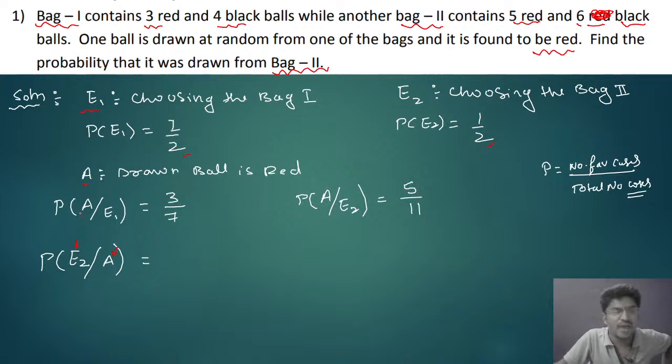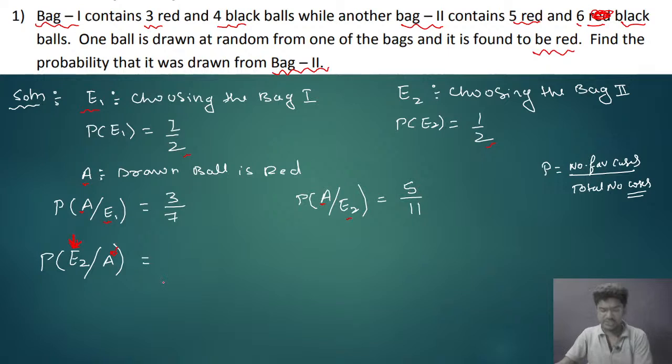So the probability of a red ball from E1 is 3 by 7, and the probability of a red ball from E2 is 5 by 11. Now what I have to calculate is the probability that the red ball is from bag 2.